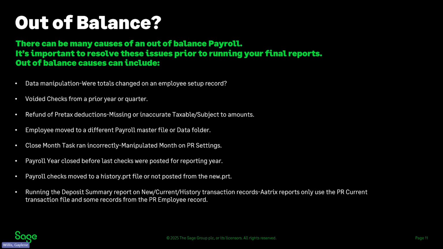Now, was payroll closed before the last checks were posted for the reporting year? Sounds pretty basic. We think, no, I closed the year. But if for some reason we closed the payroll year and then we had to process a check and post it back to the prior year, could be something like third-party sick pay, or maybe we forgot to pay somebody for a holiday, or we had a bonus.